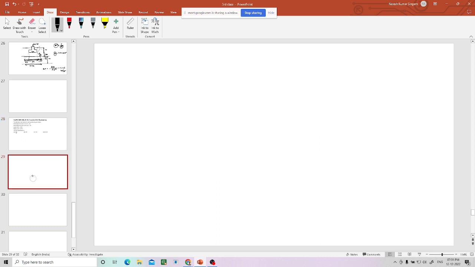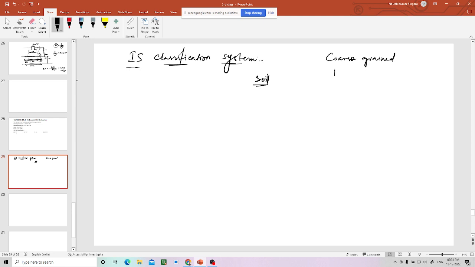Indian soil classification system. Whenever we are given any soil, first we will try to find out whether it is coarse grained or fine grained soil. Fine grained and coarse grained depend upon the grain size. If it is larger, we generally say it is coarse.